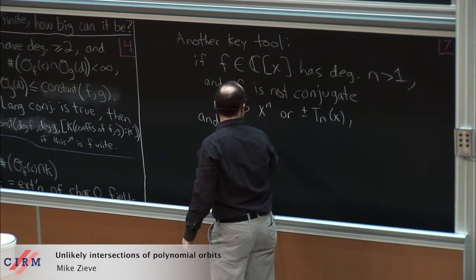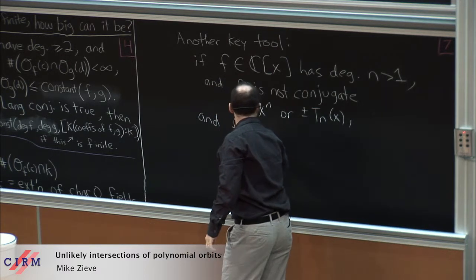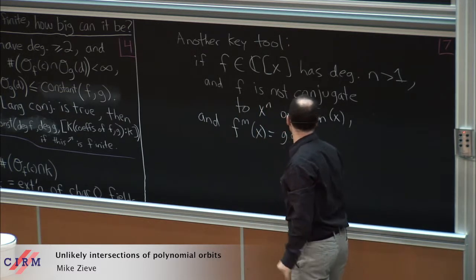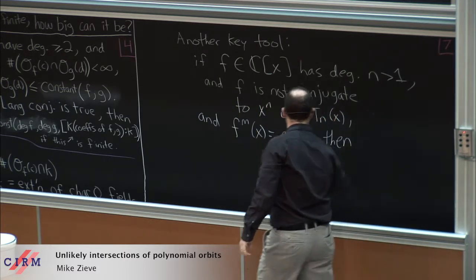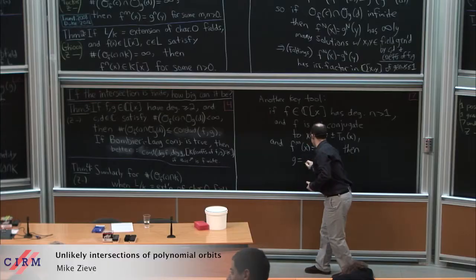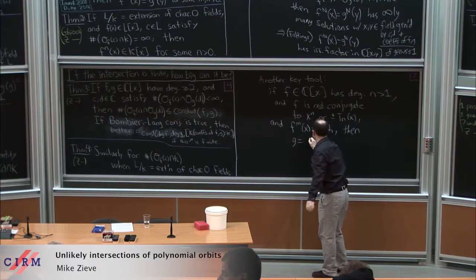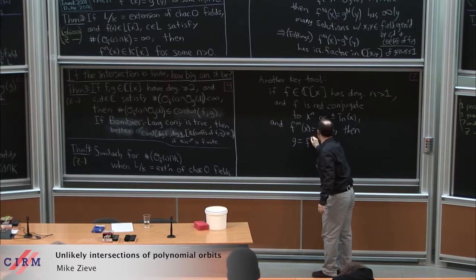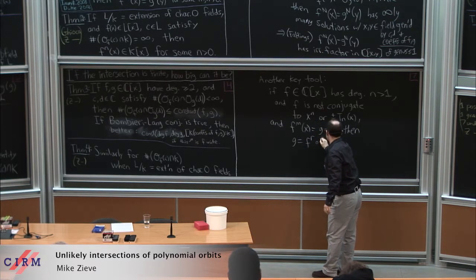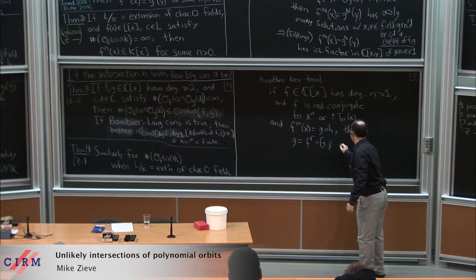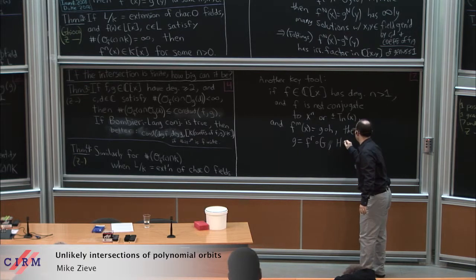So if f^m of x is equal to some composition of two polynomials, then you can pull off copies of f from the outside. So there's f, there's the real g, and the real h, and then some other stuff from the outside.